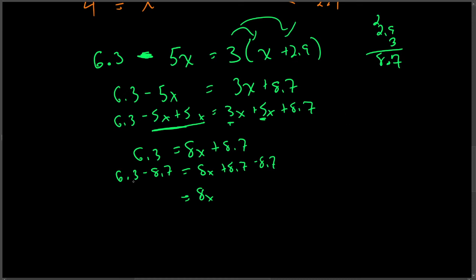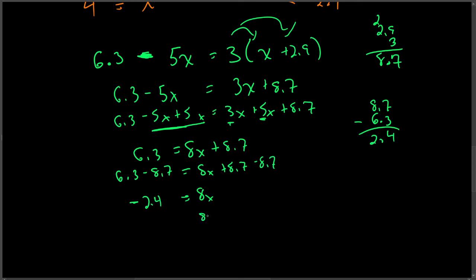So I have 8x, and now I just need to do the subtraction. Well, I'm taking a bigger number away from a smaller number, or I could think of it as adding the opposite. But what I do know is my number is going to be negative because I'm subtracting a big thing from a smaller thing. So I'll do my subtraction this way. 4, 2. But I know it's going to be negative, so I get negative 2.4.